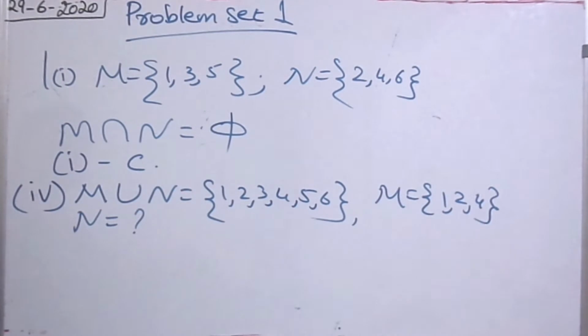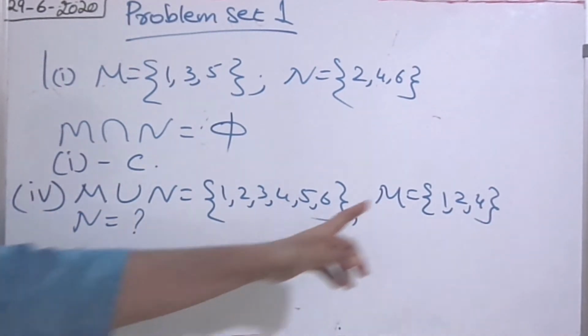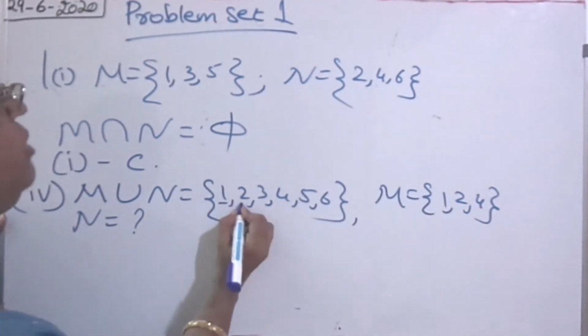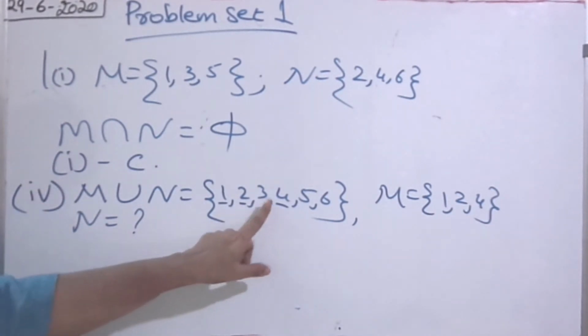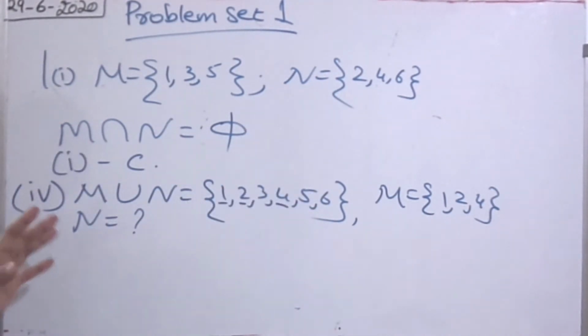Okay. So we have M as 1, 2, 4. Now what is missing? 3, 5, 6. So in your N, 3, 5, 6 compulsorily should be there. Look at the alternatives. First, A is 1, 2, 3. That cannot be. But look at alternative B, it contains 3, 4, 5, 6.